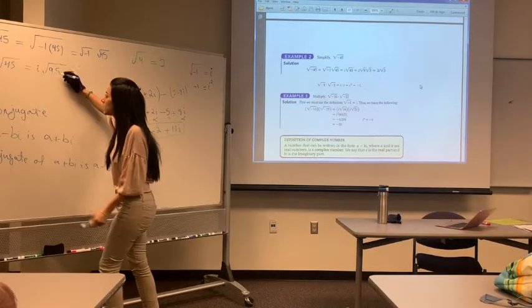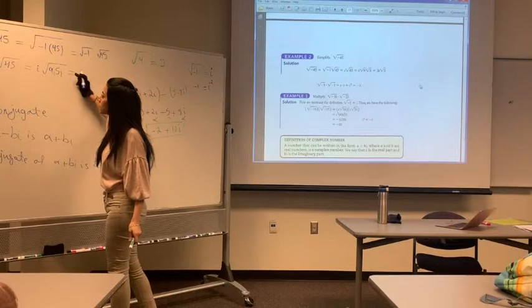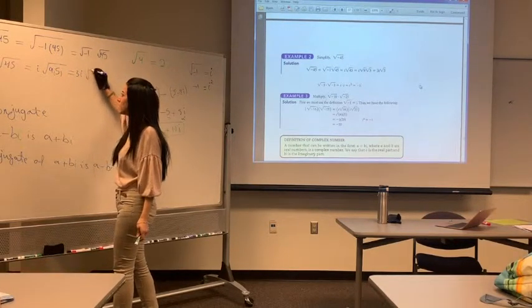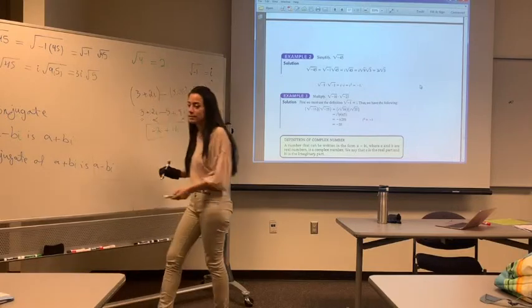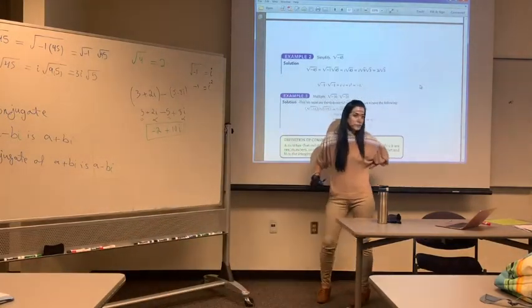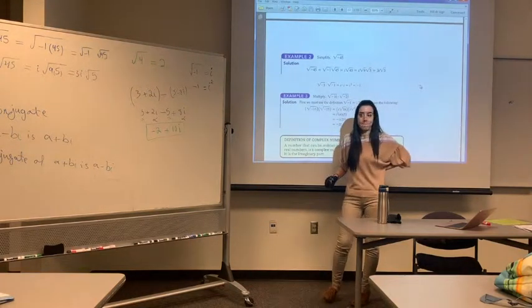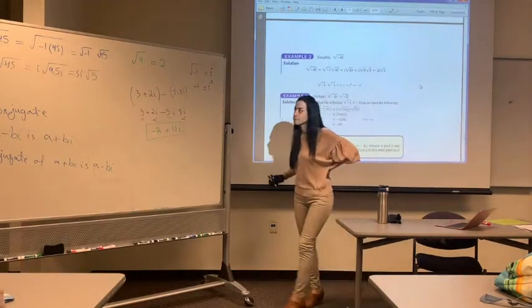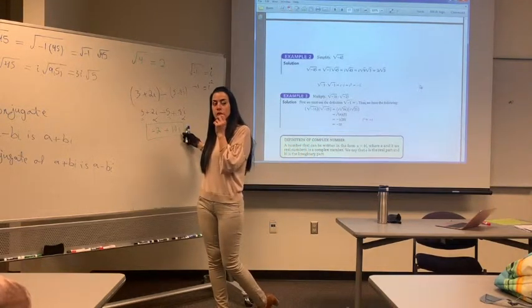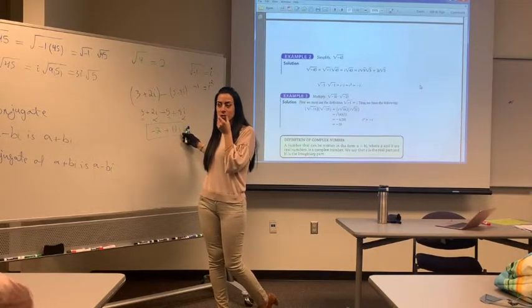What is radical 9? 3. So 3 comes out, 5 stays inside the radical. Okay? Do you have any questions?